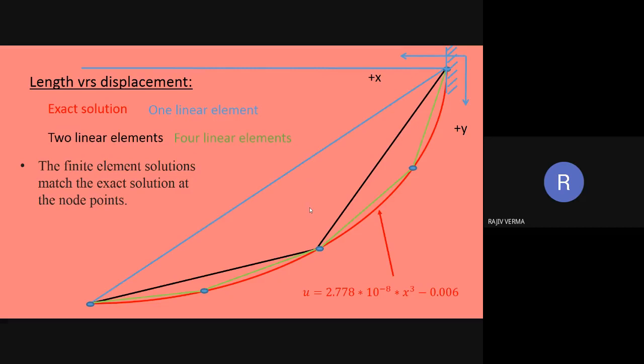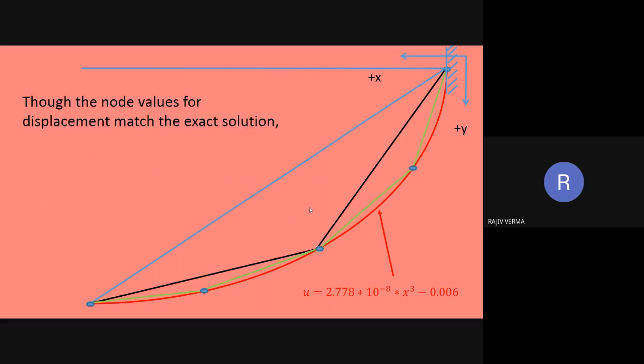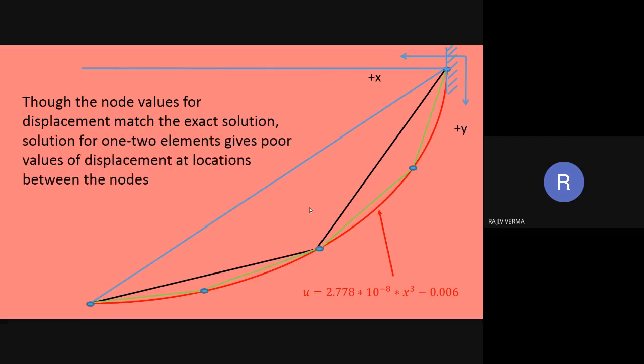The finite element solutions match the exact solutions at the node points. There is a linear displacement field within each element. Though the nodal values of displacement match the exact solution, the solution for 1 and 2 elements gives poor values of displacement at locations between the nodes.